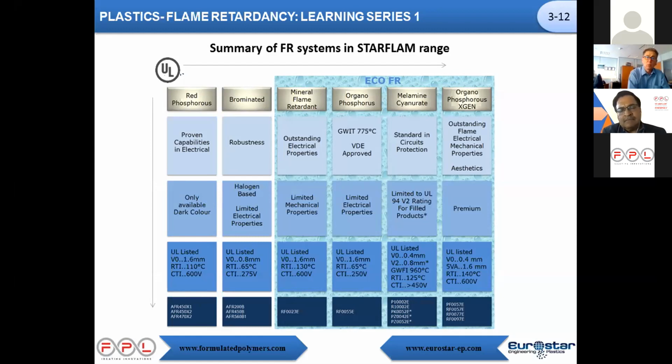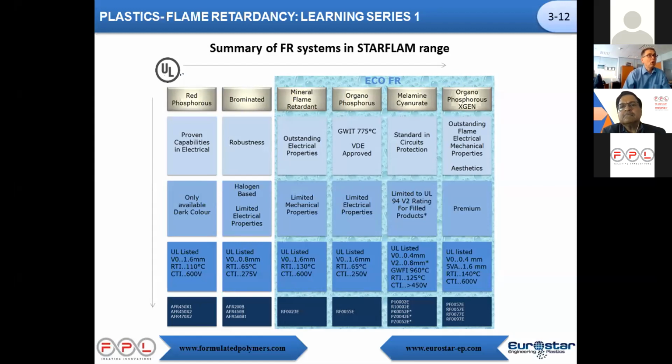We are now at a level where we can propose some material at V0 down to 0.8 millimeter, sometimes 0.4 millimeter, so very low thickness. We can comply with 5VA, with a continuous use temperature of 140 degrees C. So we can really offer a full range of flame retardants based on different technologies.